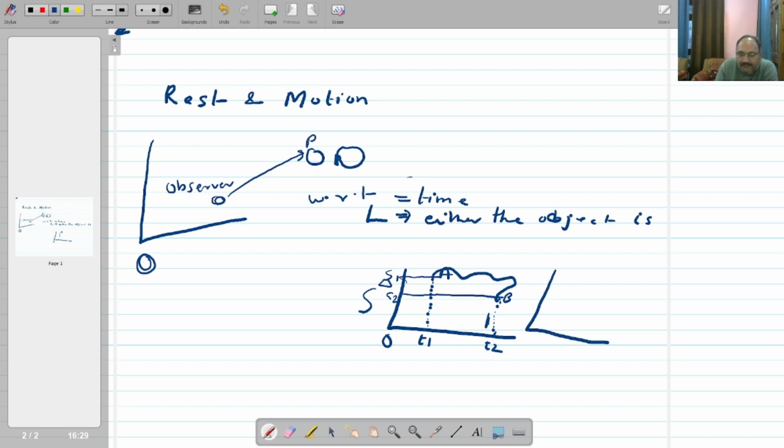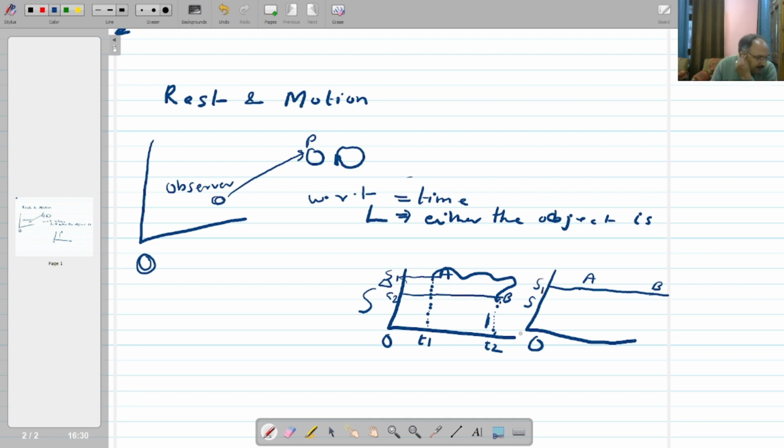You see, this is the axis. Again, this is the origin. And if the particle is moving in a straight line, this is point A, this is point B. The position S is the same as S1. Right?